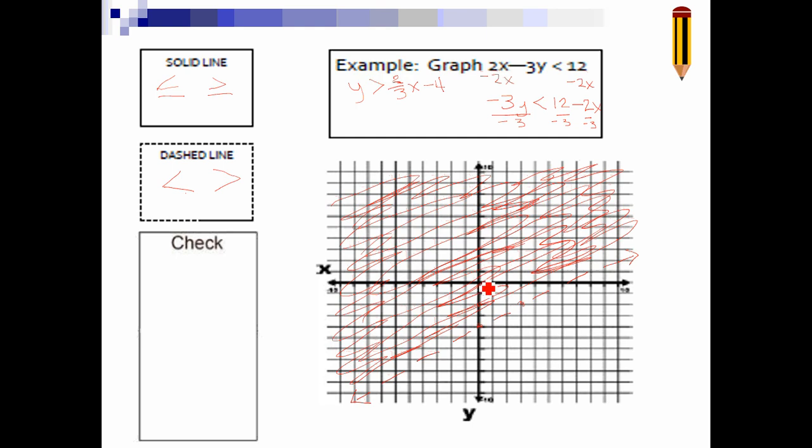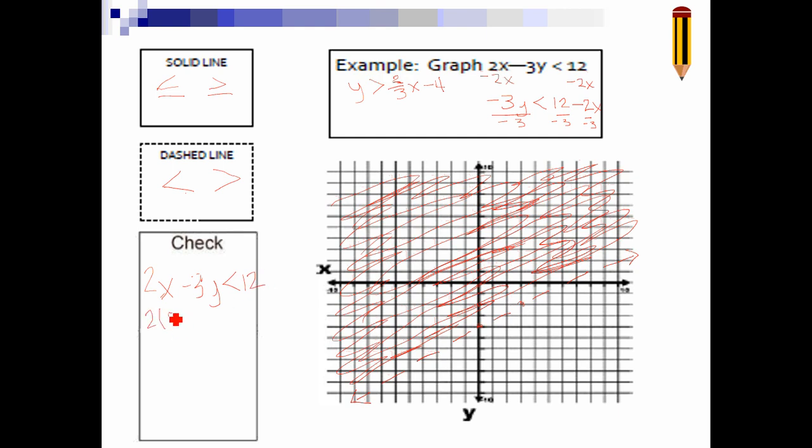So we would go ahead and check a point. The easy point that is shaded right now would be 0, 0 for us to check. So I'm going to plug it back into the original inequality: 2x minus 3y is less than 12. I'll put a 0 in for both.